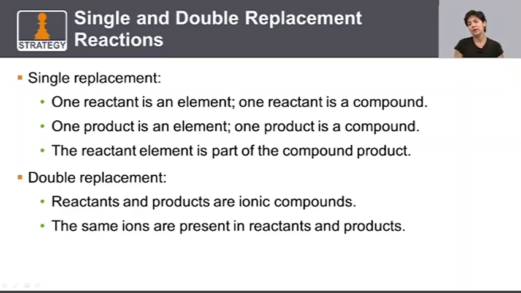If the ions haven't changed their form, if they're still the same in the reactant and the product, it's a pretty good bet that there is a double replacement reaction taking place. However, if, for instance, one of those ions has changed form, so perhaps from a sulfate to sulfur dioxide, then you're probably not looking at a double replacement.